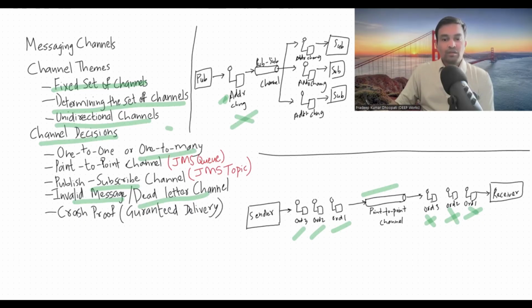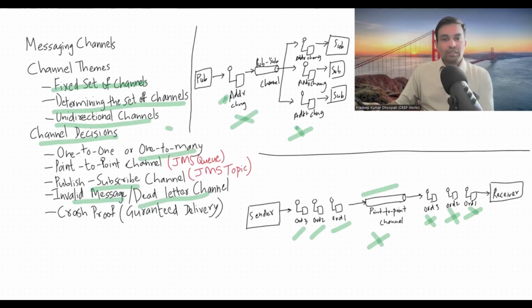So based on the business use case, we can go for a publish subscribe channel or a point-to-point channel. And all this depends on the app teams; it's the app teams' responsibility when designing to pick what kind of channel to use for certain functionality.